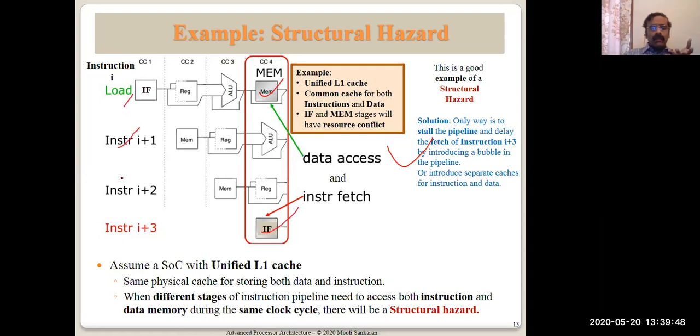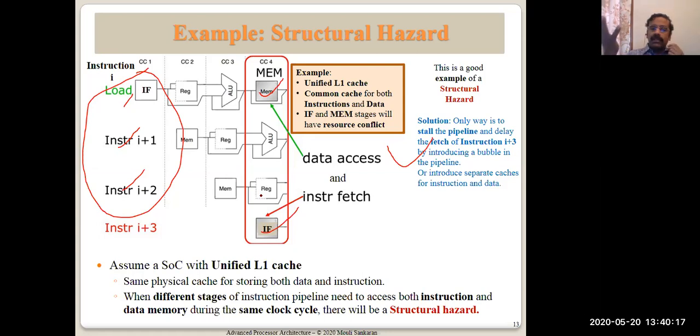As long as you have a load and store instruction coming, you will have this hazard always. So you cannot stall the pipeline for everything, then it is not effective. A pipelined processor will get better performance only if it has two different caches for data and instruction. Then only this hazard will not happen. Otherwise, having a pipeline is a waste.